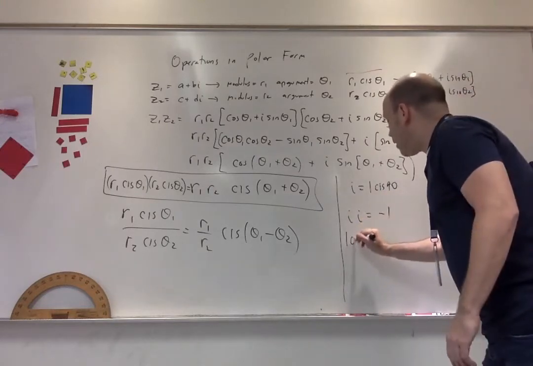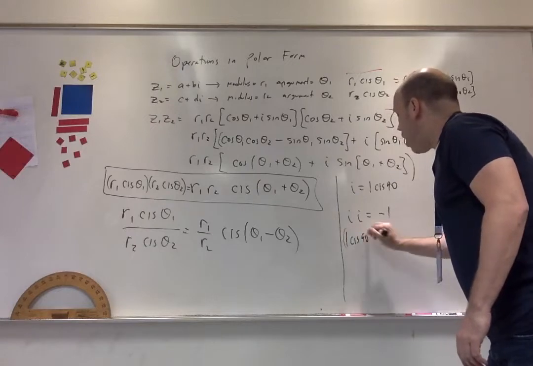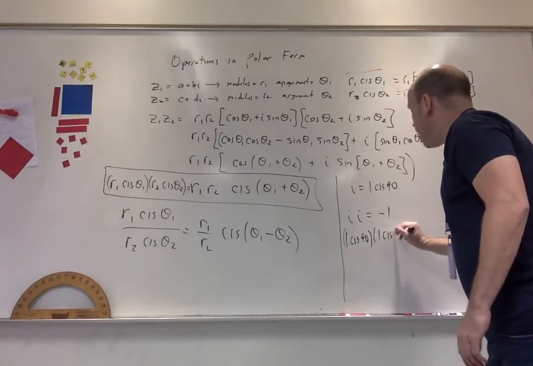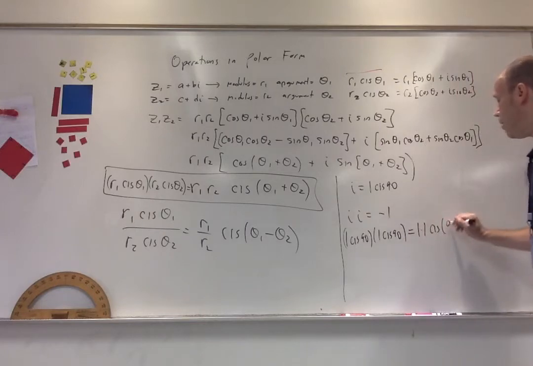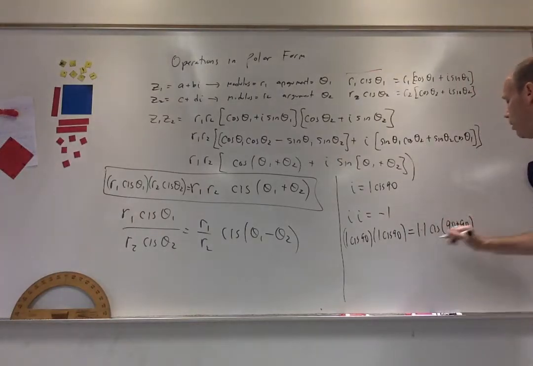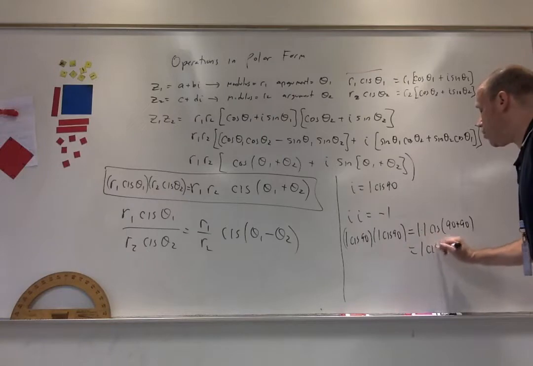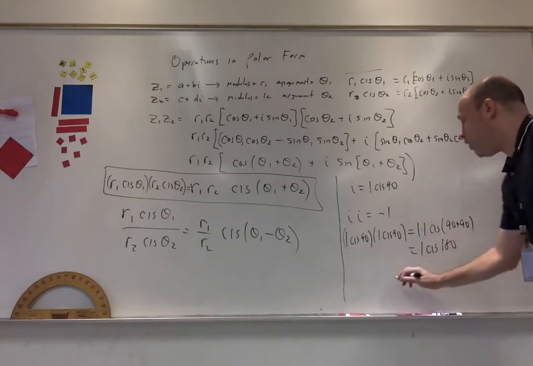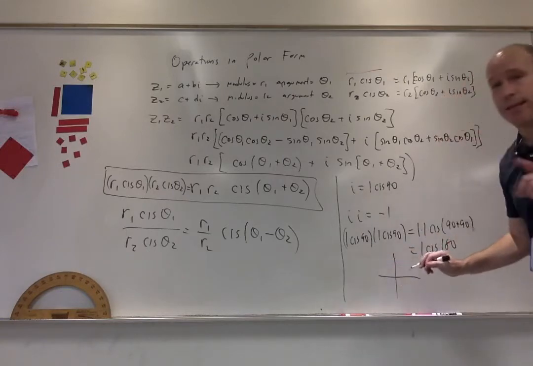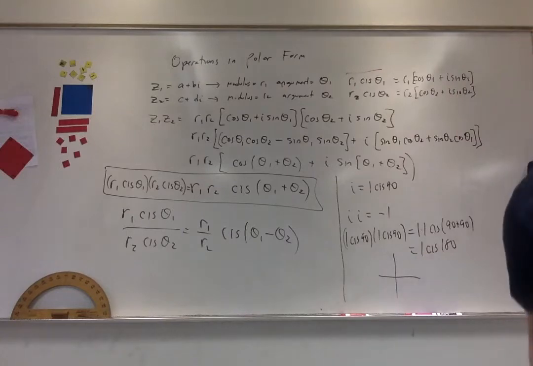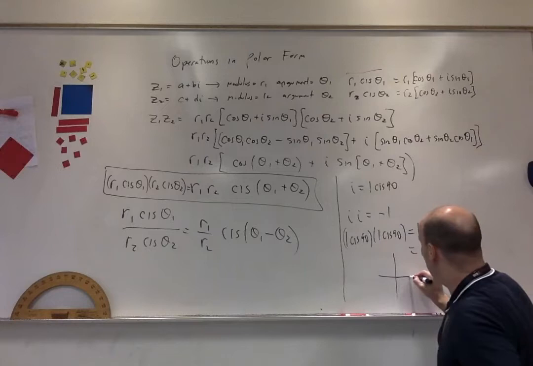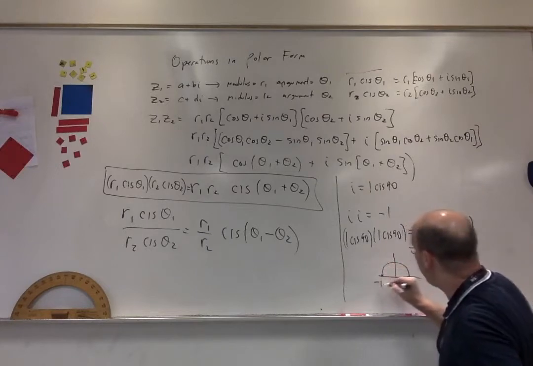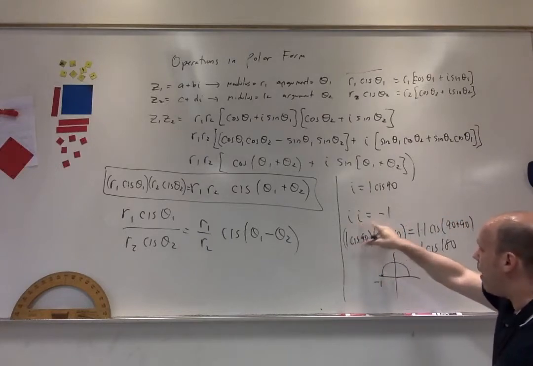Well, 1 cis 90 times 1 cis 90 is like 1 times 1 cis 90 plus 90, which is 1 cis 180. And we know, because I asked you to practice this, that this is 180, or -1. i times i is -1.